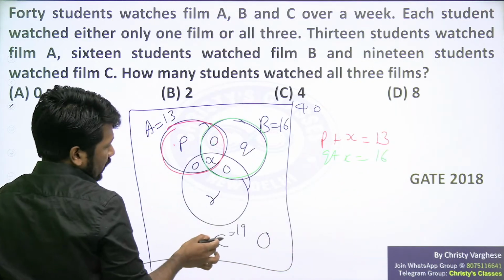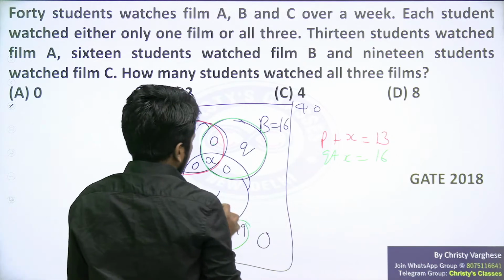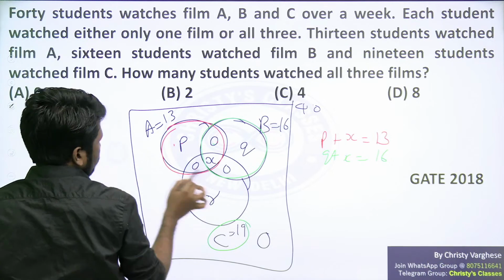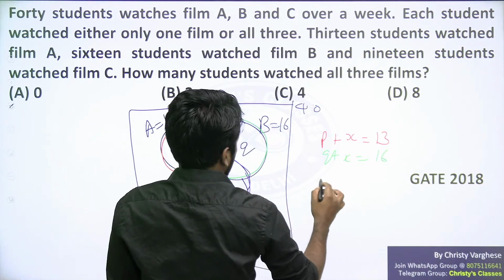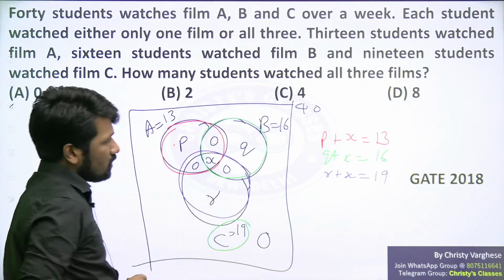And the third equation we can derive from C is equal to 19, that is X plus 0 plus R plus 0. This third circle sum will be equal to 19, that is R plus X is equal to 19. Did you all understand this much?